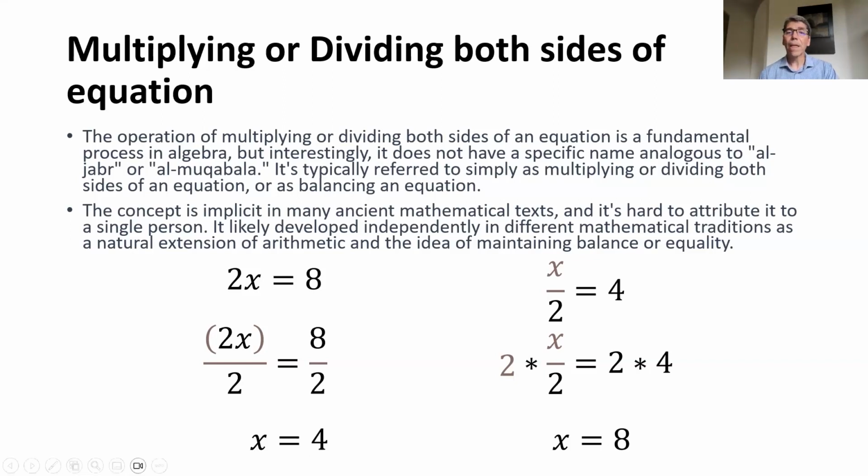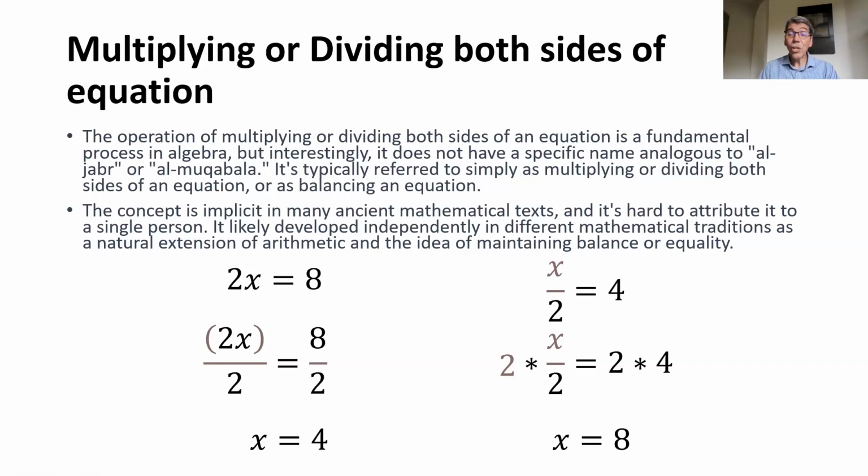By the same token, if I start with x divided by 2 equals 4, then I can multiply both sides by 2. And so this 2 simplifies with this other 2, and I end up with the x by itself, and x equals 8.